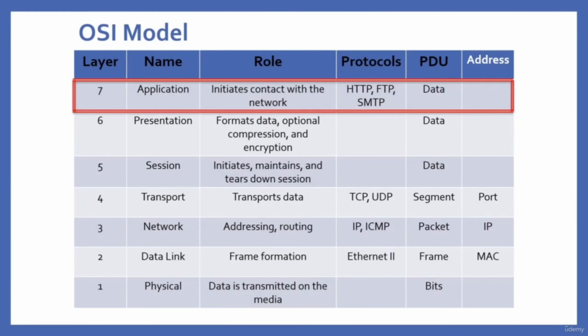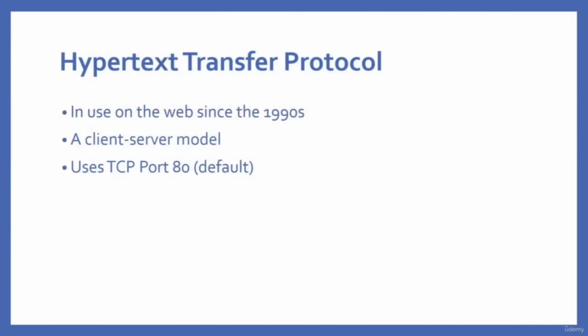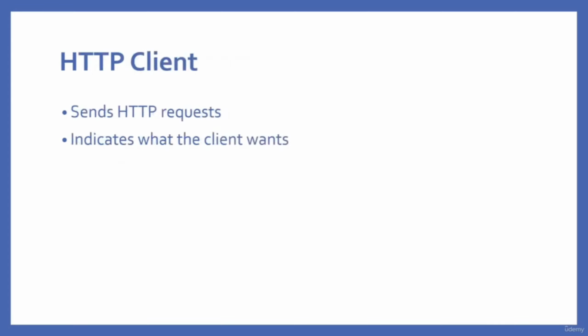Hypertext Transfer Protocol is an application layer protocol for browsing the web. HTTP has been in use on the web since the early 1990s. It's a client-server model that uses TCP port 80 by default, but can use other ports as well. With a typical transaction, the client will send an HTTP request and indicate what the client wants.